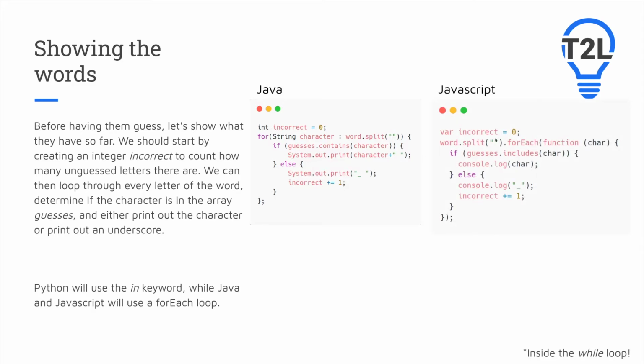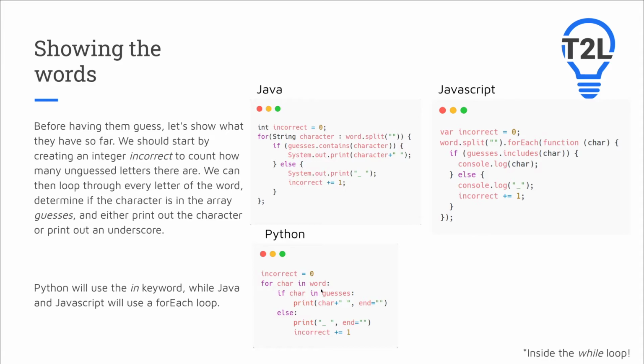Next up, JavaScript. You just use a for each in the same vein. I don't think anyone mentioned they are using JavaScript, but then you run into the issue with it being on the same or separate lines. And then Python down here: set incorrect equals 0, and then for char in word. So this creates a for each loop where for every character in the word, it'll loop over.